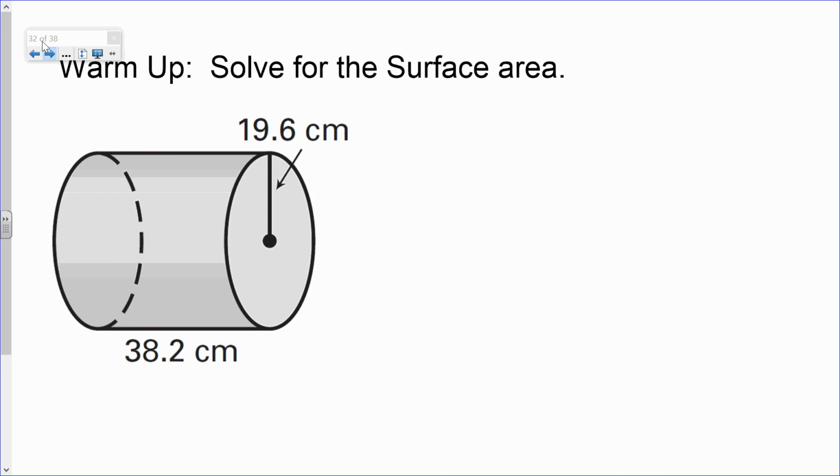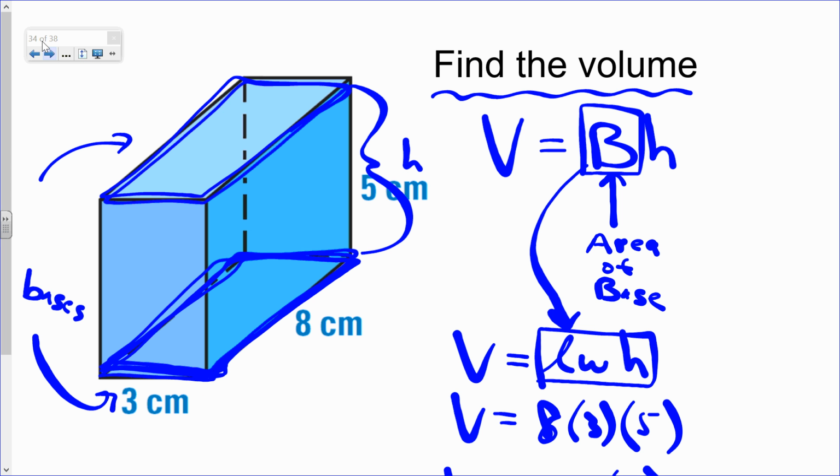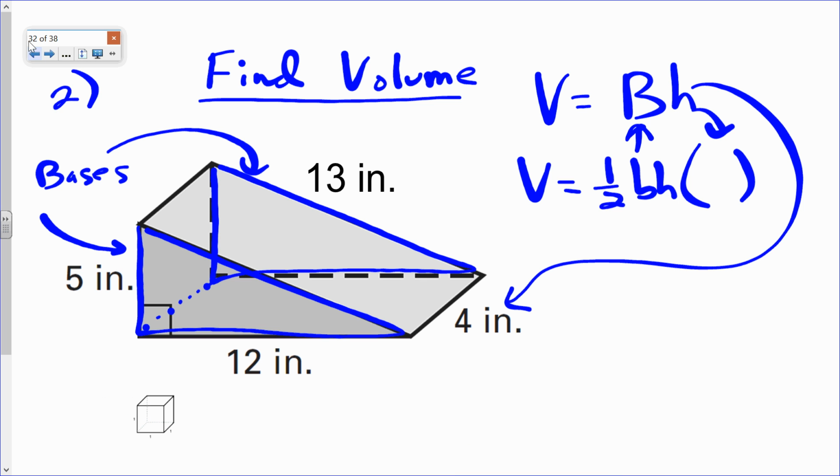On example 1, both bases were these two rectangles, and the height is the distance between them, which was 5. In this case, the two bases are your triangles, and the distance between them is your height. Right, because that's the area of a triangle.